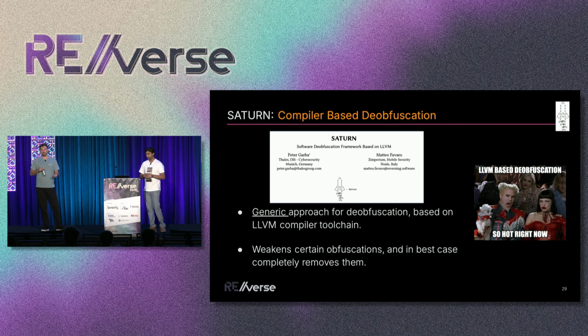When we lifted this code, back then we used Trail of Bits' remill, and we still use it, we could get the code into a shape on LLVM IR where the optimizations start working, and they were folding this code very nicely. This approach still works today, and it weakens certain obfuscations, and in the best case, even removes the obfuscation completely, which is great to see. So you can use compiler optimization to remove the obfuscation.